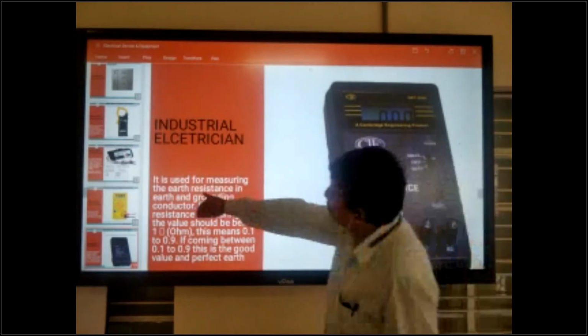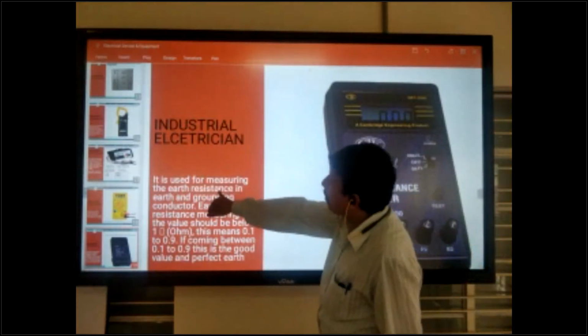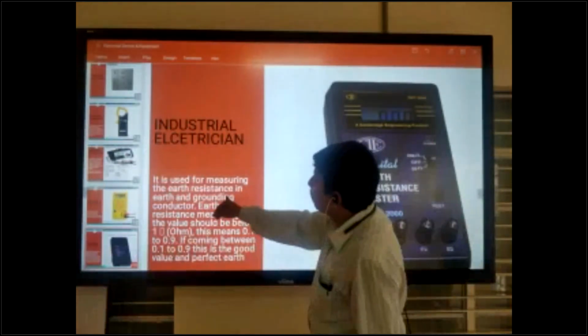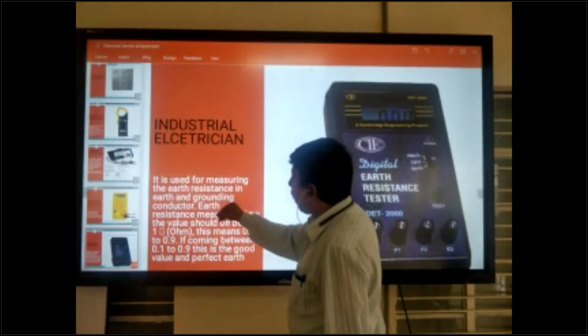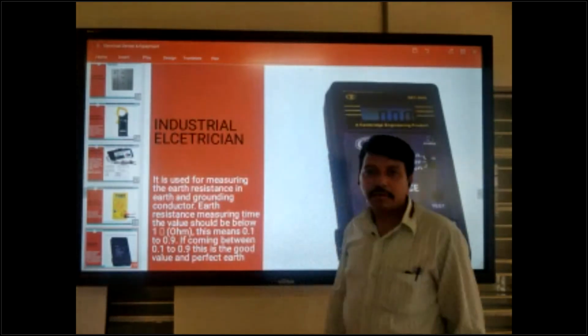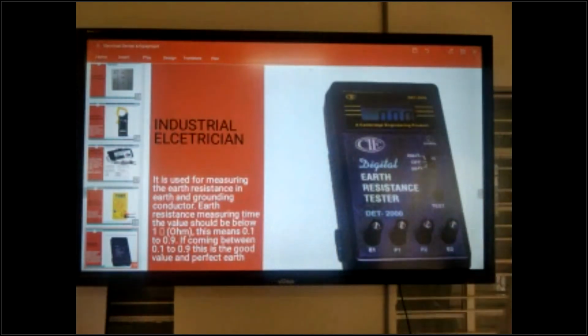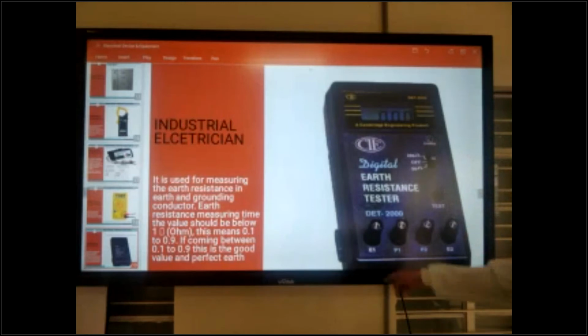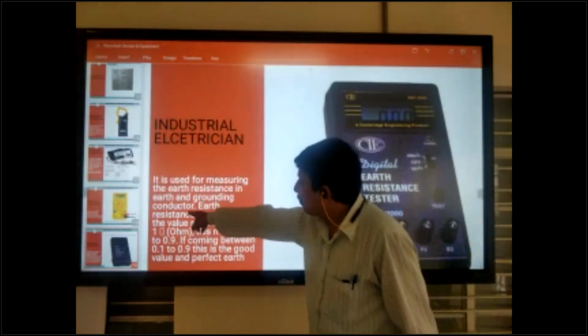It is used for measuring the earth resistance in earth and grounding conductors. So it is used at earth testing time, grounding conductor testing time.